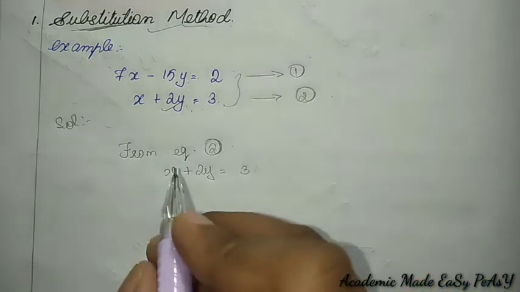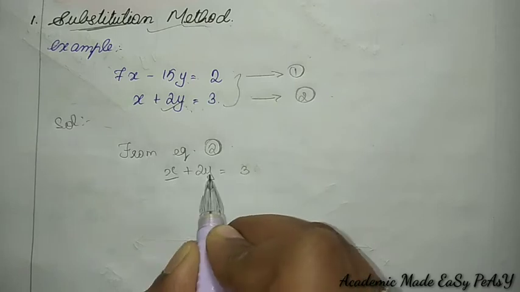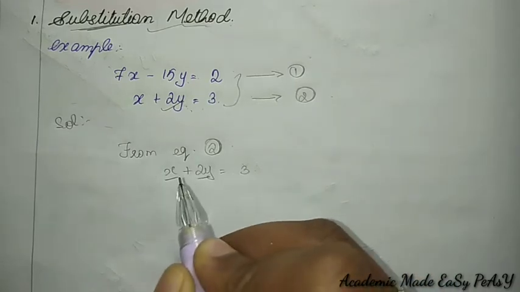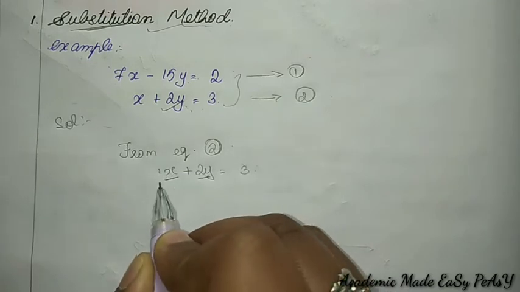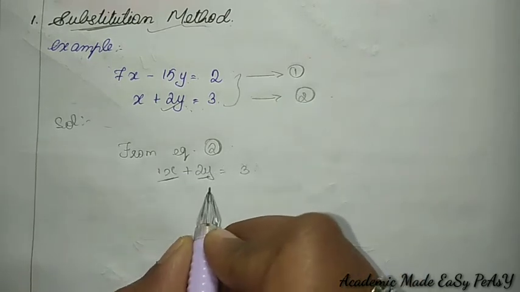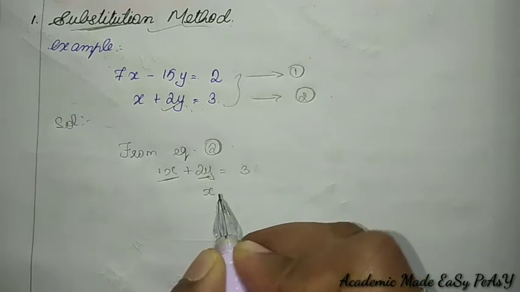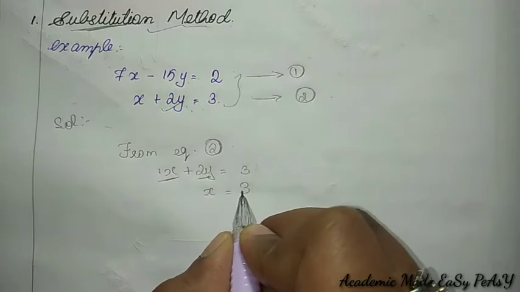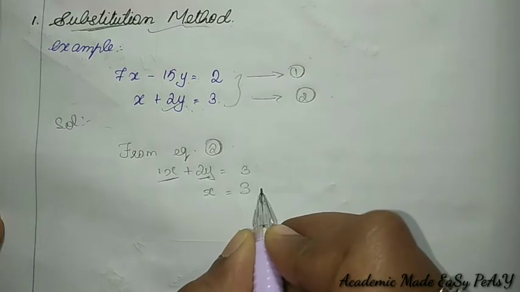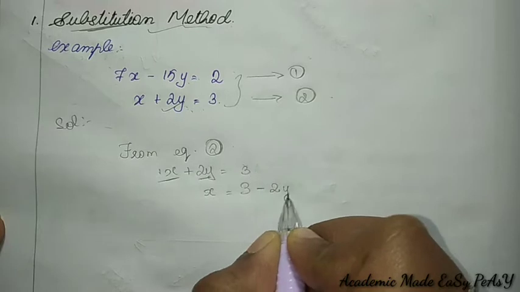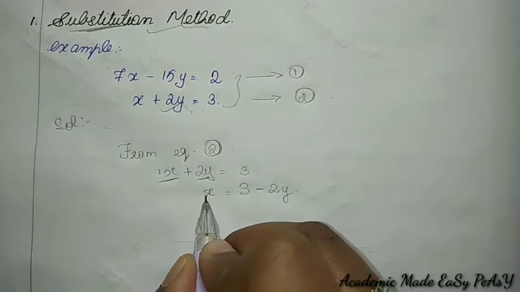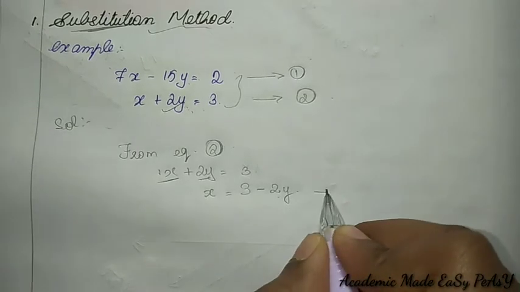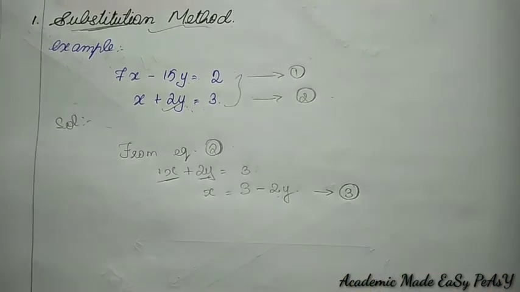If you carefully look at these two, which one has coefficient 1? Here x only, so I will be taking x. I will keep my x alone in the LHS and take the other terms to my RHS. So 3 plus 2y will become minus 2y if it comes to the RHS. So x equals 3 minus 2y. I got my x in terms of y. Now I will mark this as equation 3.